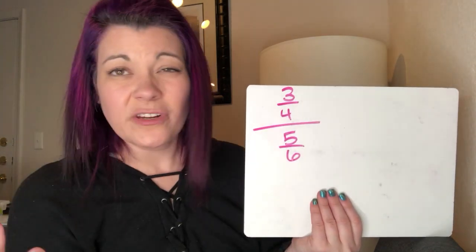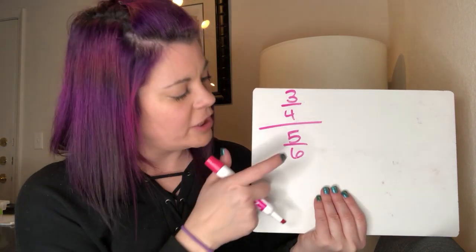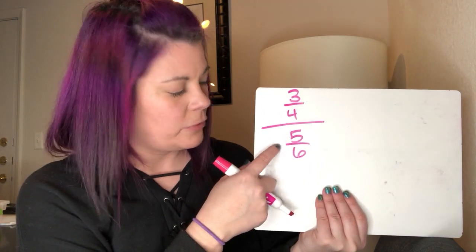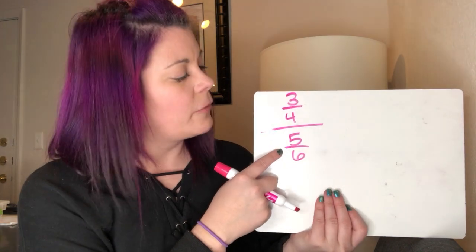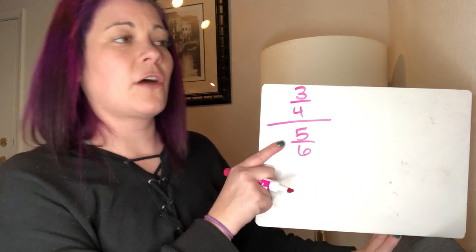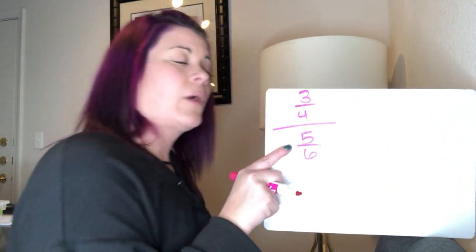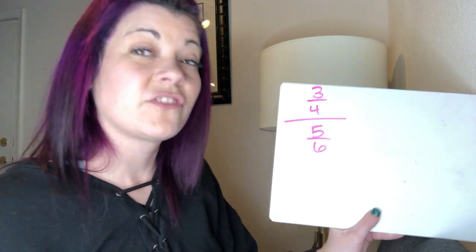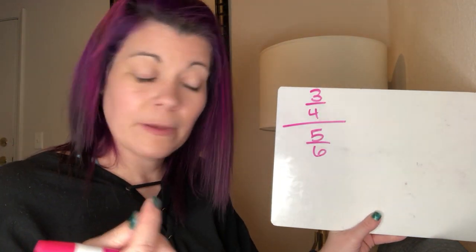A fraction is just a division problem, but there's a rule that you cannot have a fraction in the denominator, okay? So in this case, I need to make this denominator 1. And what I do is I multiply by its reciprocal. Reciprocal just means that I flip the fraction, okay?